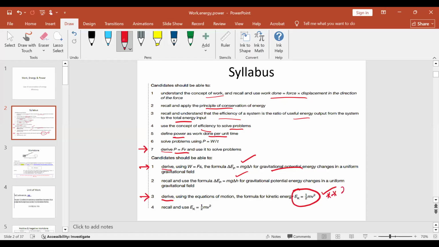This kinetic energy derivation appeared in the 2025 May-June paper, so in the May-June paper the derivation of this equation came into your examination. And last but not the least, we'll be discussing how to use the kinetic energy formula, half mv square. So this is the total syllabus of the chapter work, power, energy, and you can see that majority of the things you would have seen in your previous years as well.